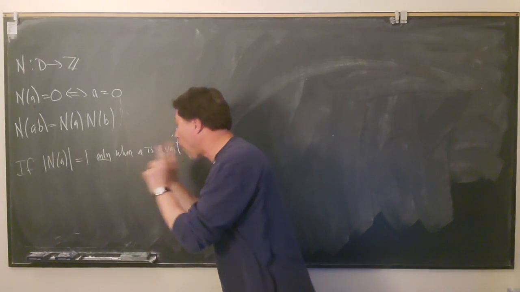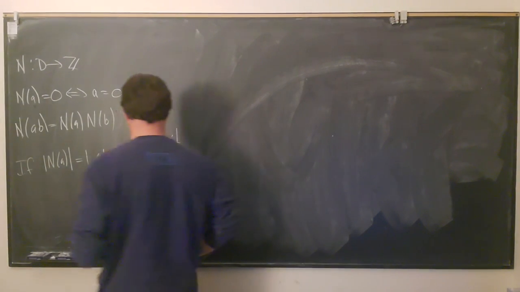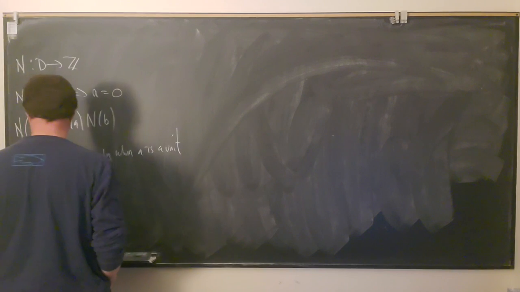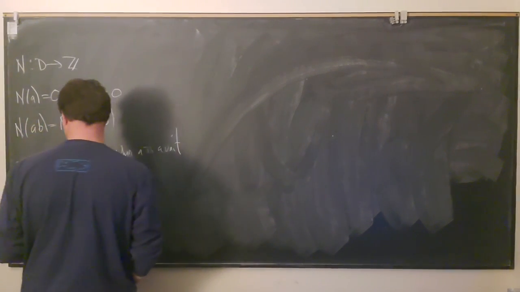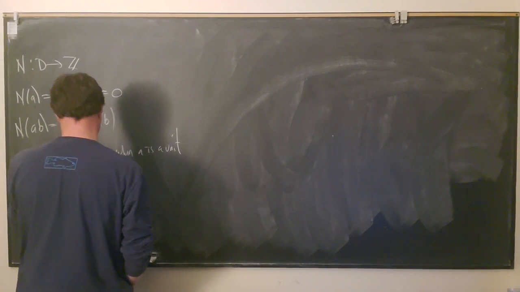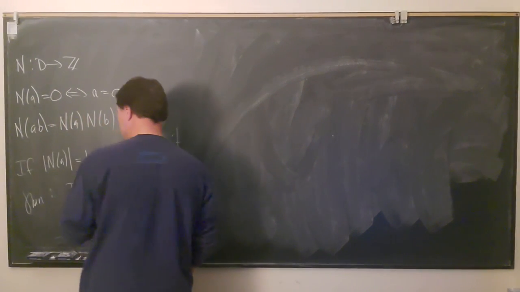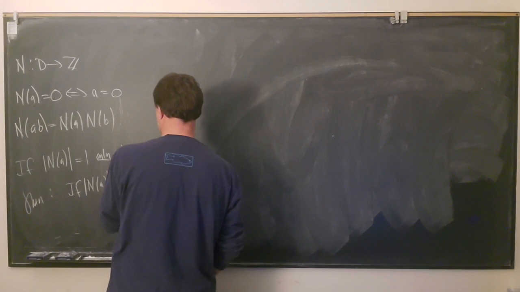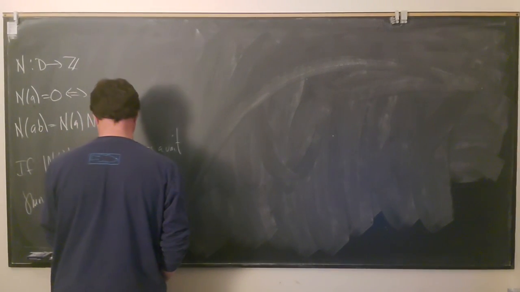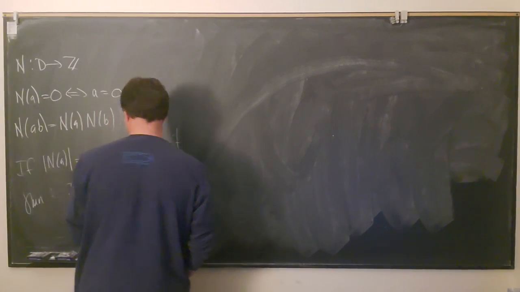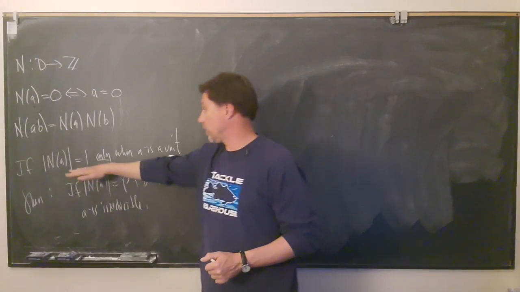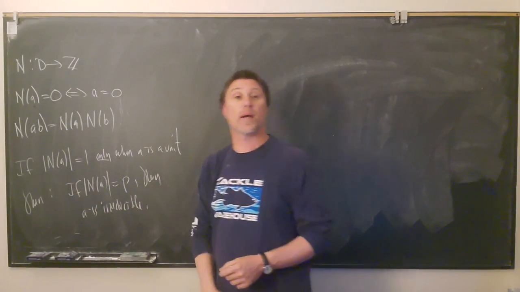So if those are the only elements that go to plus or minus 1, so only when a is a unit, then it has the following property. If the absolute value of n of a is a prime, then a is irreducible. So when this property holds, the idea of multiplicative norm can be used to identify irreducibles.